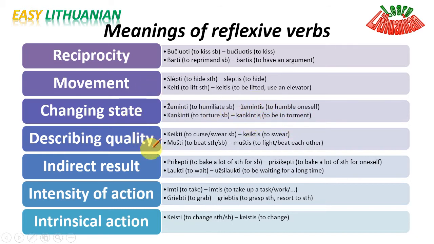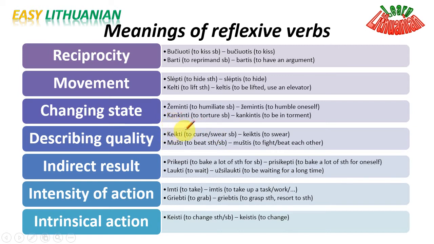Now, they can also describe quality. It's hard to explain, but there are some verbs like keikti, to curse or to swear somebody. Aš keikiu, for example, jis keikia politikus. He's cursing or swearing politicians. No, he's talking bad about politicians. Jis keikia politikus.